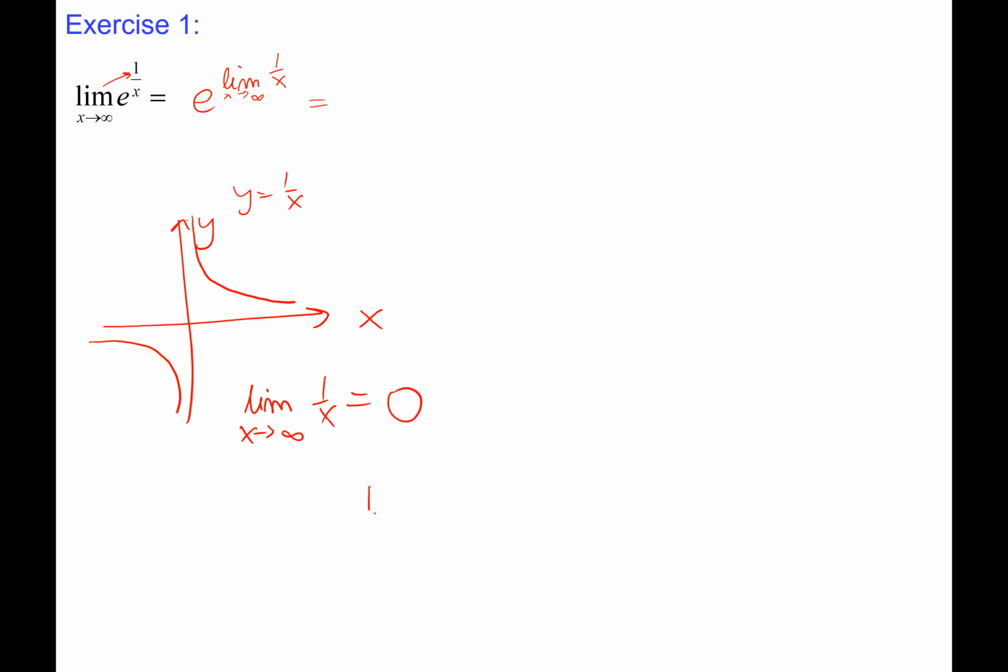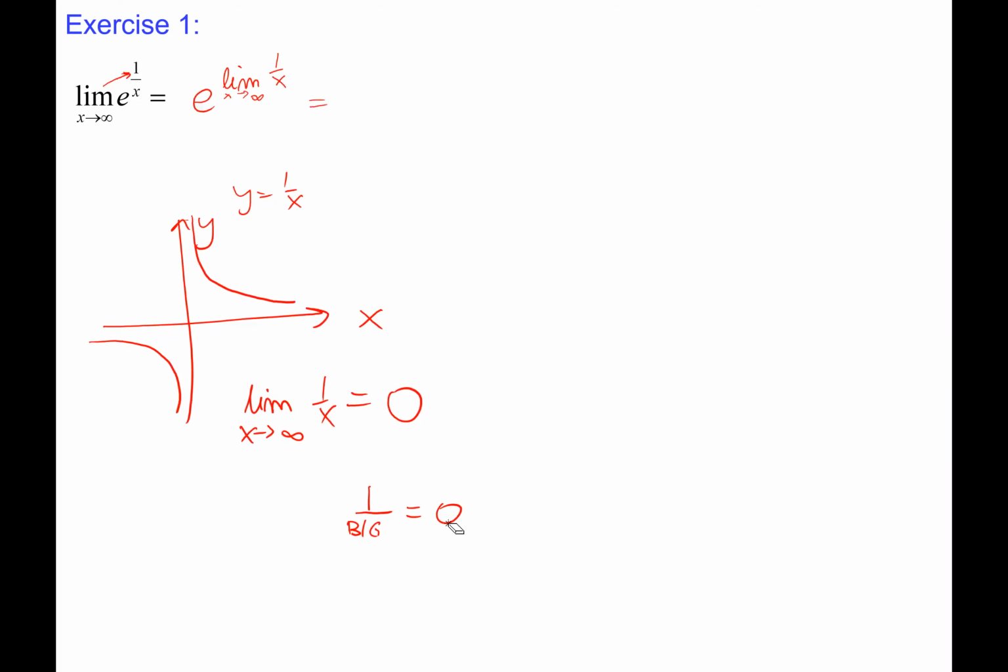Because we can think this way, 1 over a big number is always a small number. I can even say 1 over big is simply small. That means this limit is 0, e to the 0 is 1.